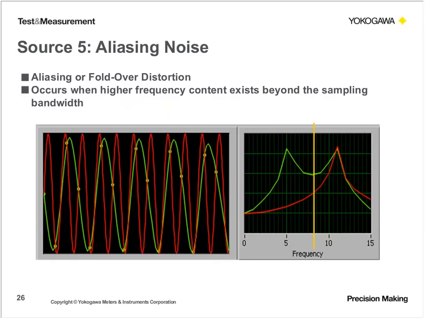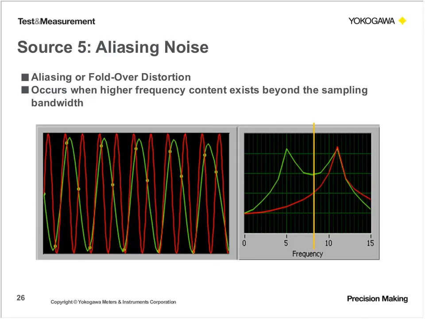For example, let's say you have a 1 megahertz data acquisition device, and you're working with a signal that may have a frequency of 500 kilohertz, but then you have some switching frequency that's much higher than that. What you'll find is that higher frequency signal will actually fold over to the signal that you're capturing.